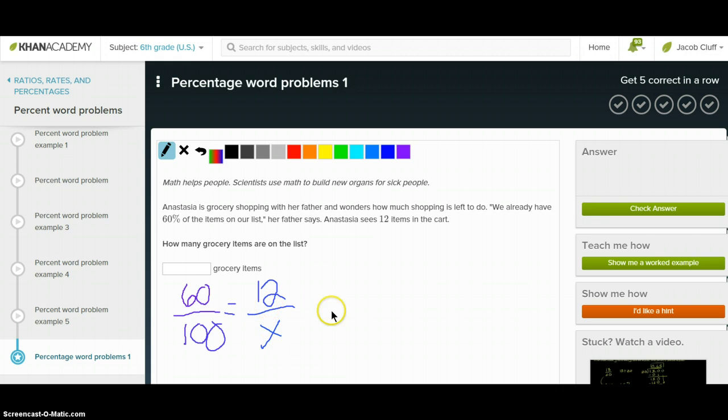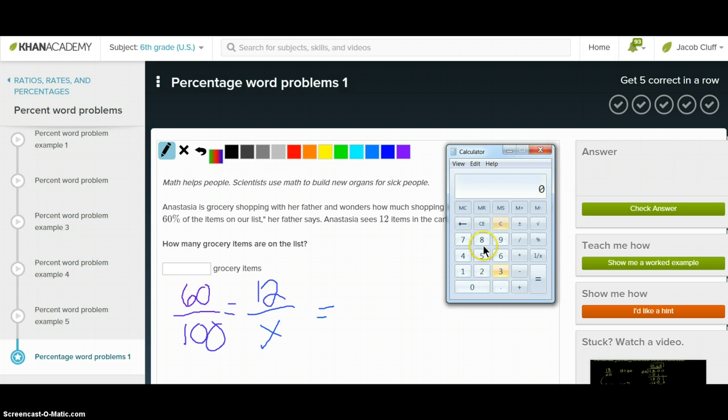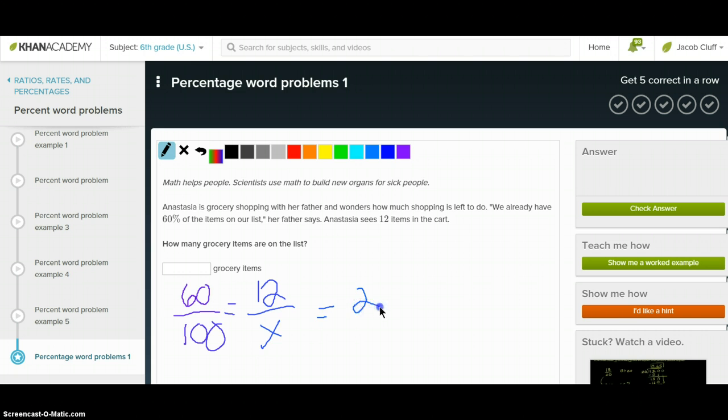So we could do 12, let's just plug in the calculator. Alright, so 12 times 100 is 1200. And then divided by 60 is 20. So x equals 20. They have 20 items on the list.